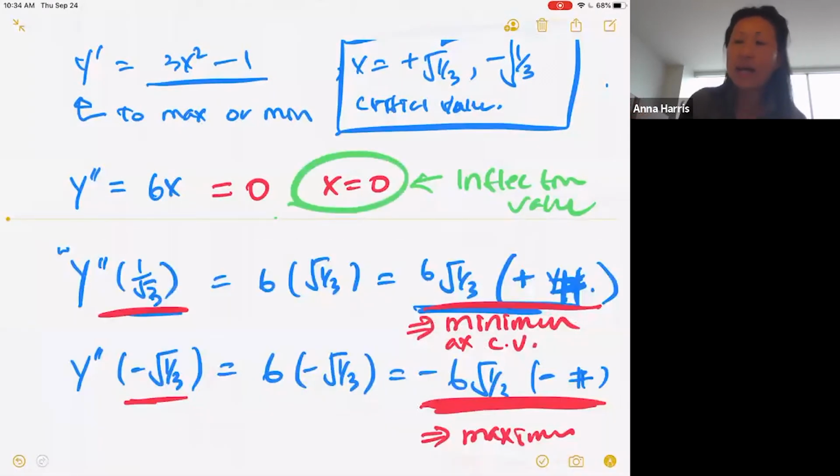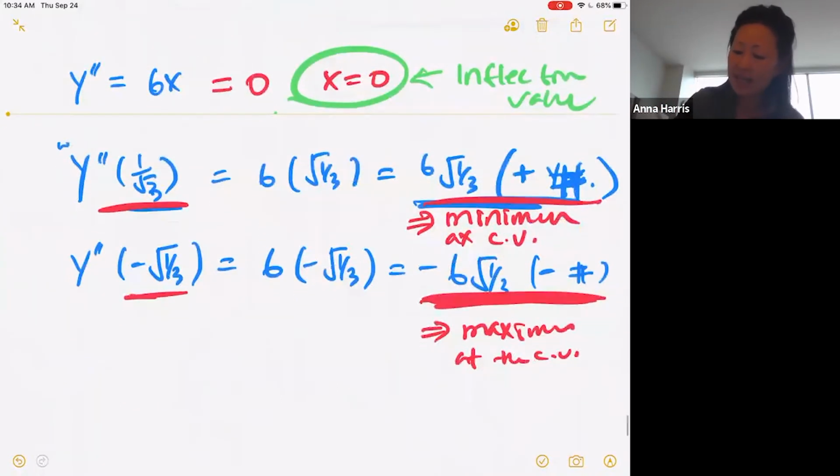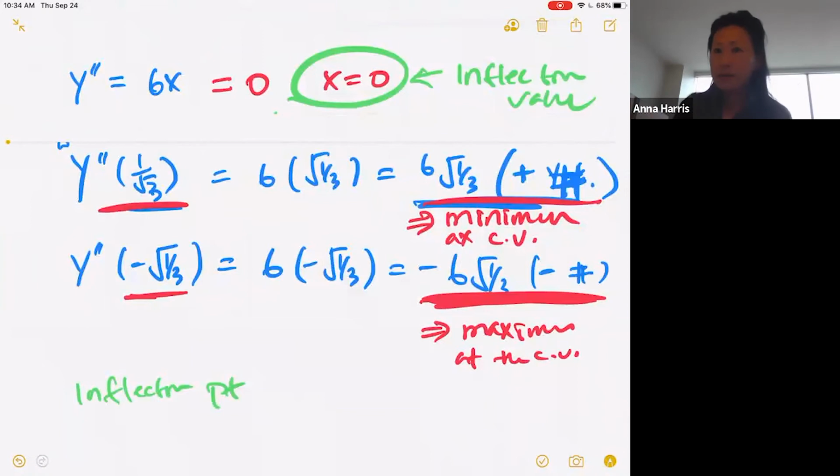I know x equal to 0 gives me the inflection value, which means second derivative equal to 0. So how can I find the inflection point? What do I do with x equal to 0? Plug into which equation? Y prime, or y double prime? Which one do I need to plug in to find the inflection point?